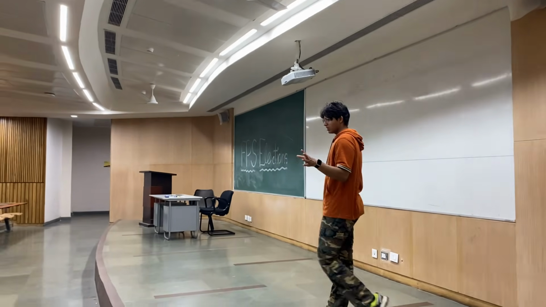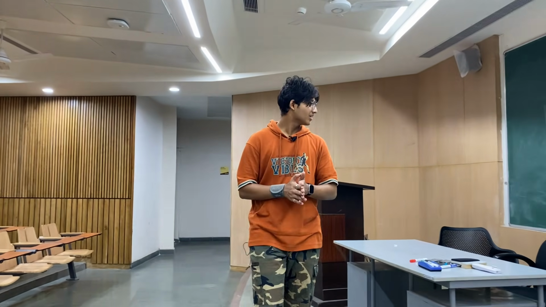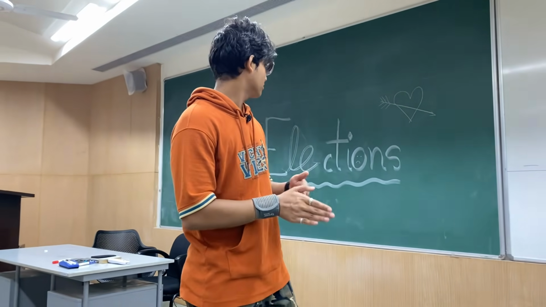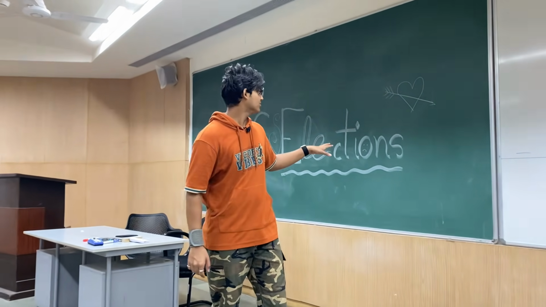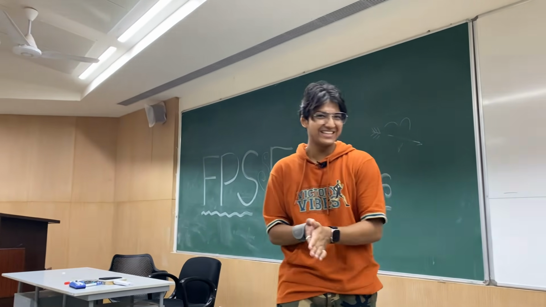Guys, so this is how the classroom looks like. So this is a 100 seating classroom, and कल रात को फिल्म प्रोडक्शन सोसाइटी, it's a club, उसके इलेक्शंस हुए थे तो ये मैंने ही बनाया था.